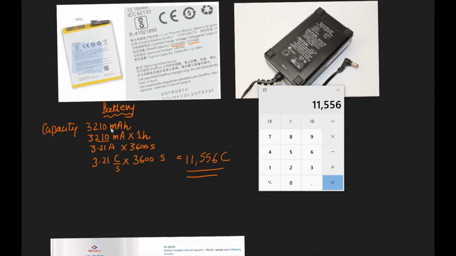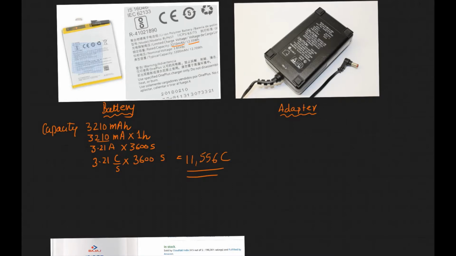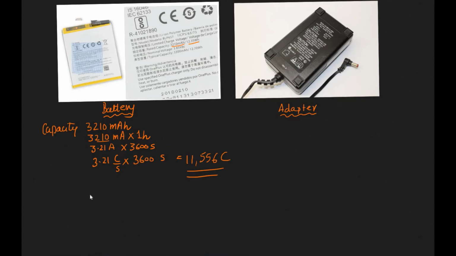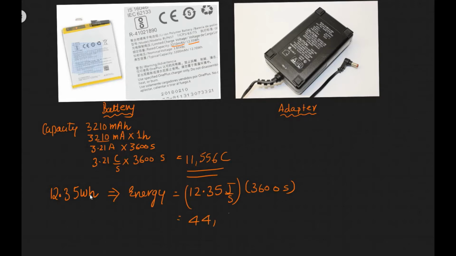When they say 12.35 watt hour, they imply energy, because that's equal to 12.35 watts, which is joules per second, into an hour, which is 3600 seconds, and that'll be about 44,460 joules. So that's the net energy that the battery can deliver.